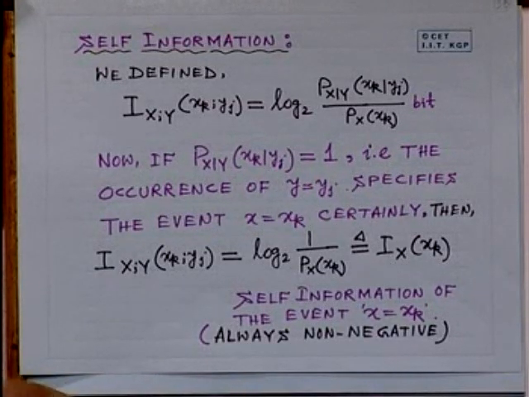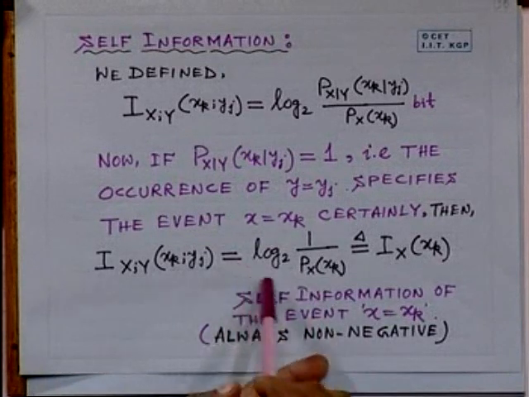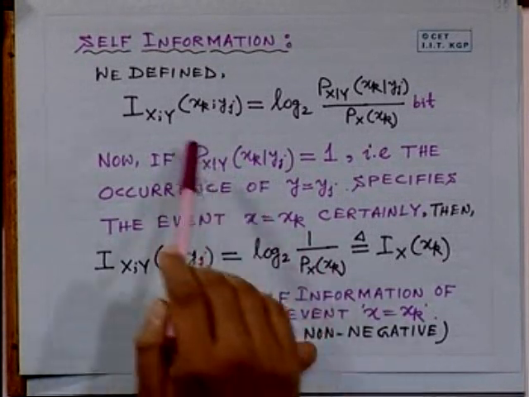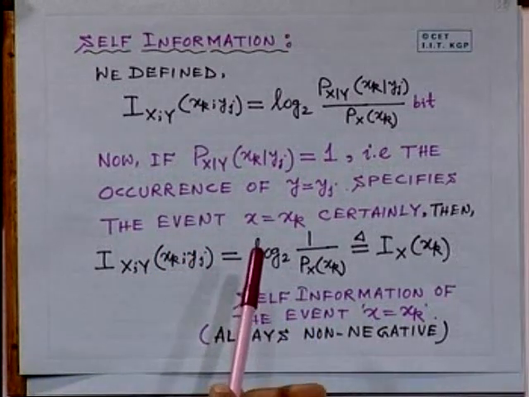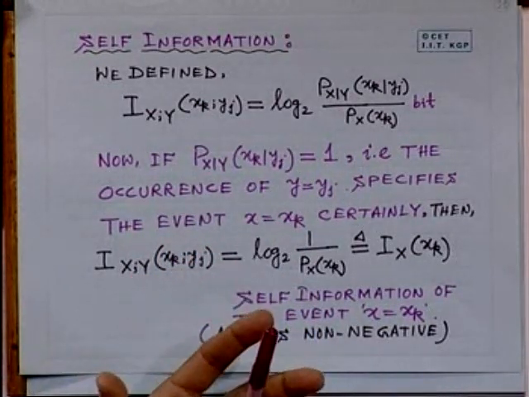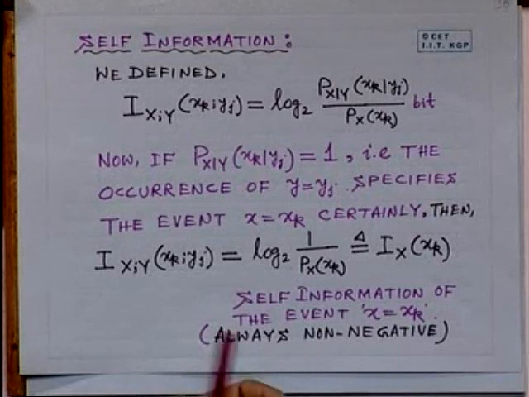So, we can say that this information, which is a special case of mutual information, gives us an idea about the information of an event x equal to x k.